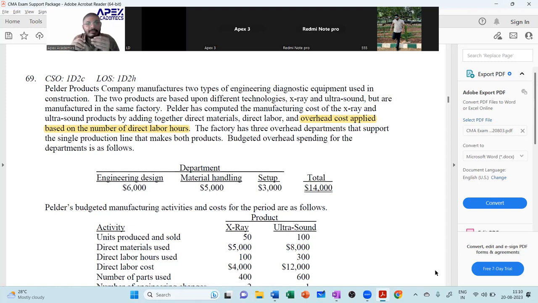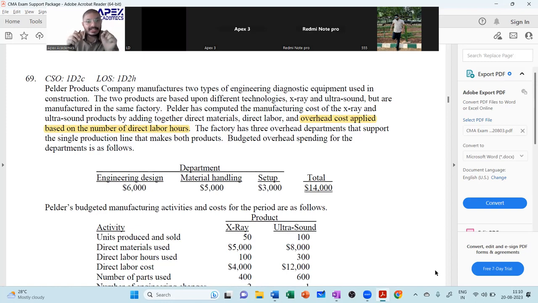Pelder has computed the manufacturing cost of the X-ray and ultrasound products by adding together direct material, direct labor, and overhead cost applied based on direct labor hours. This overhead cost is not based on any scientific method; it is based simply on the direct labor hours.